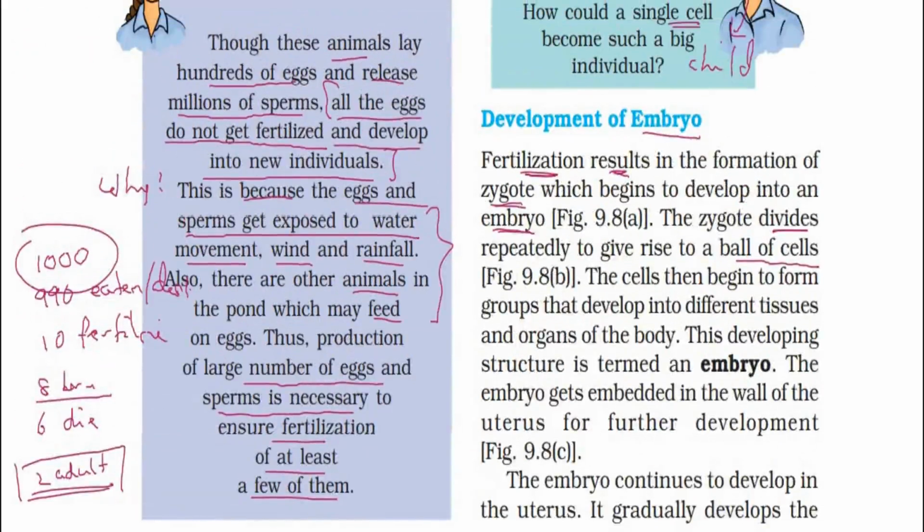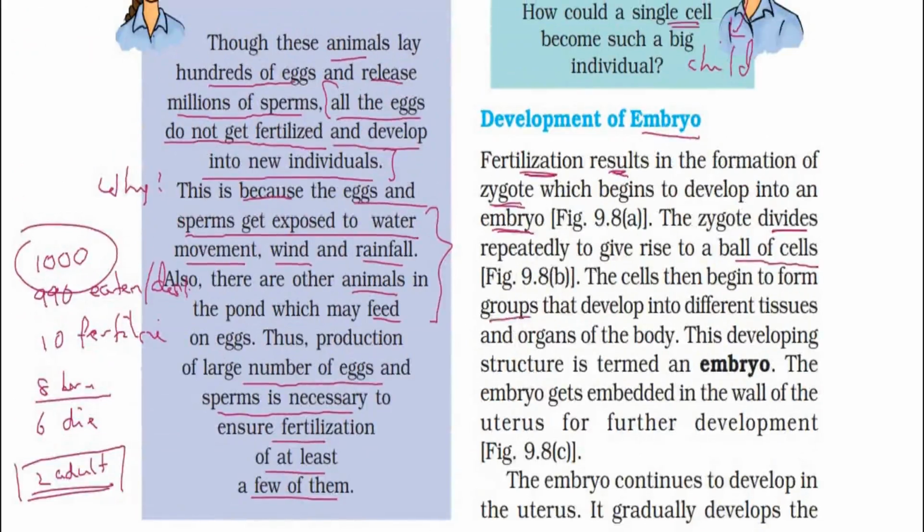The cells then begin to form groups. Now see, that is called division of labor. These groups develop into different tissues. Tissues are groups of cells performing a particular function. And these tissues form the organs. So, we have something like this. Cells form tissues.